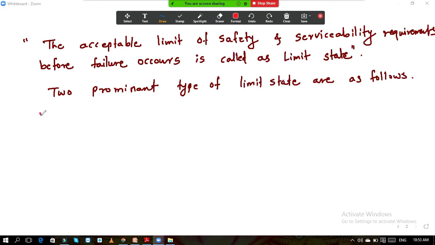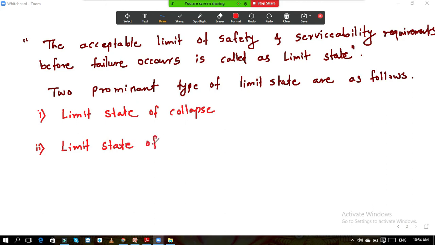First, limit state of collapse, and second, limit state of serviceability. So these are the two types. This we will see in the next lecture in detail.